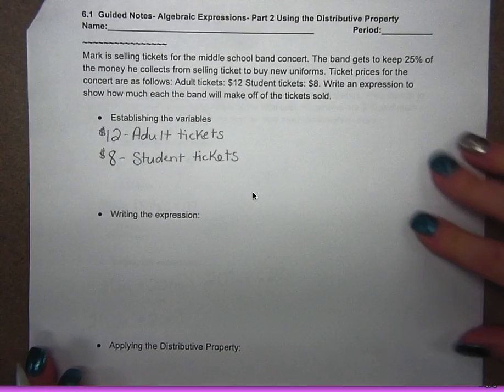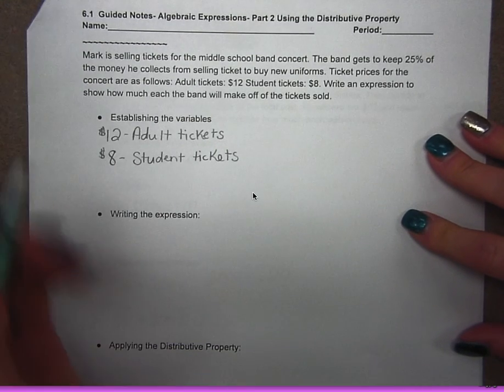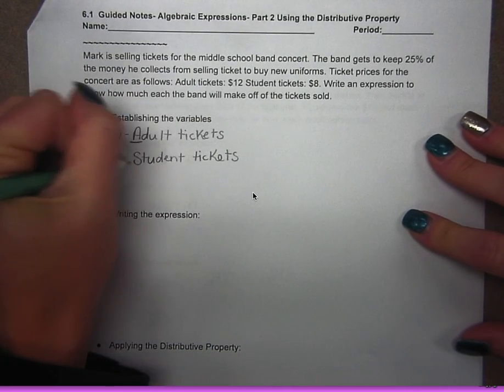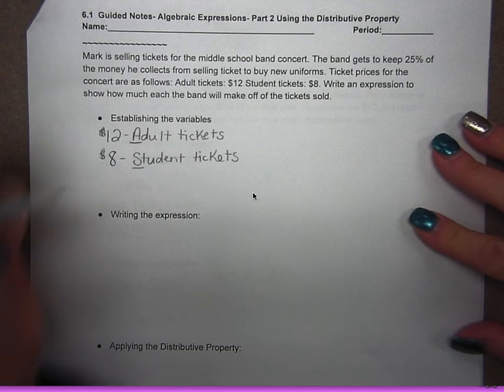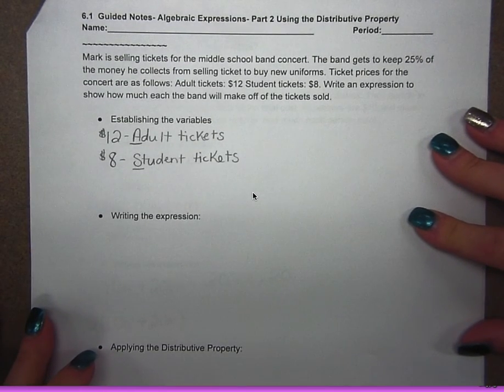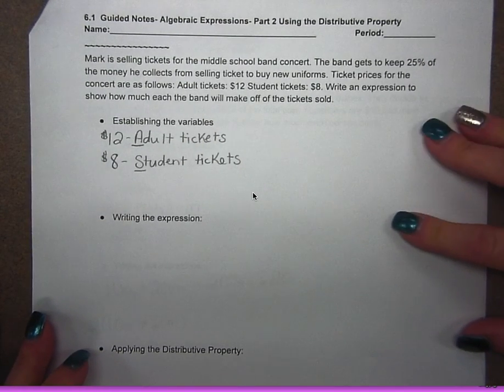So to write this out using our variables, I'm going to use the variable A for adult and S for student. I think that's an easy way to remember what each variable means.